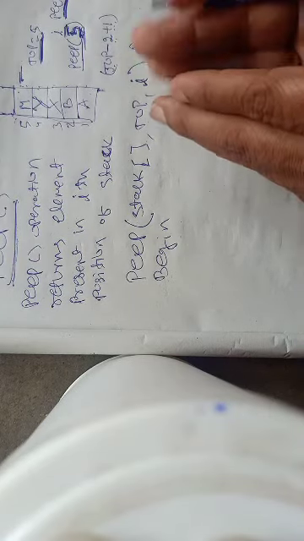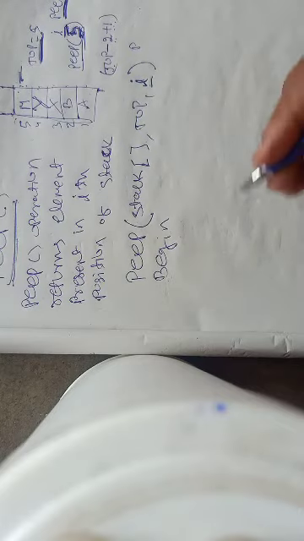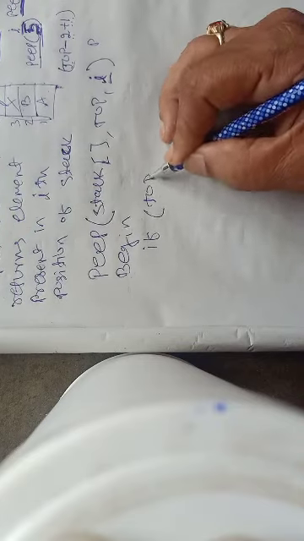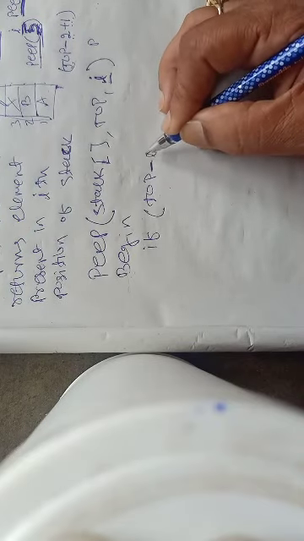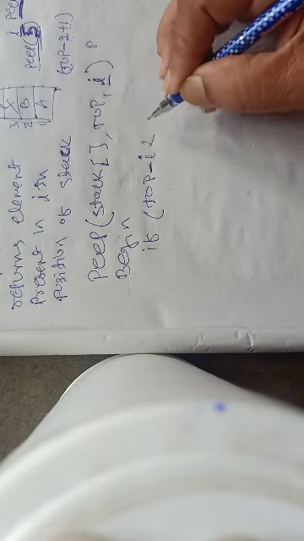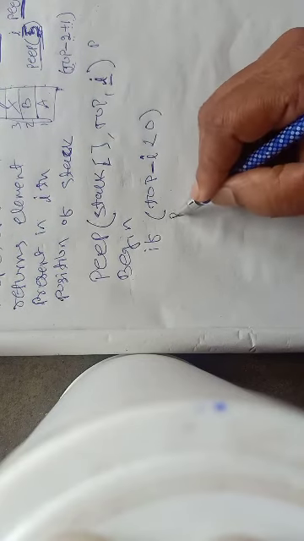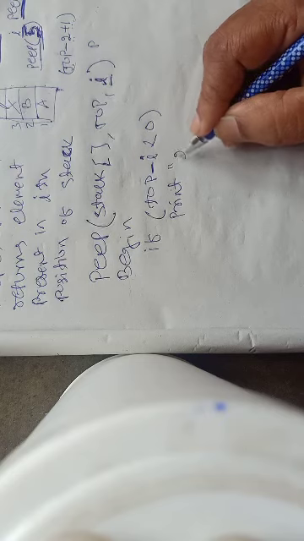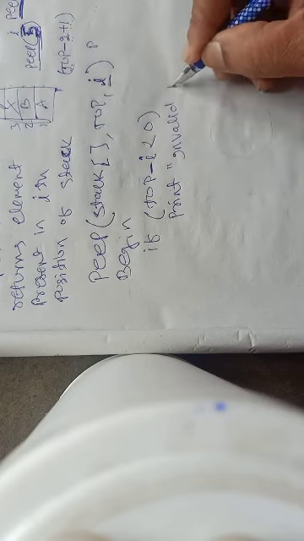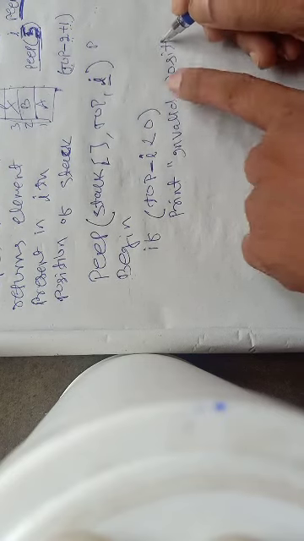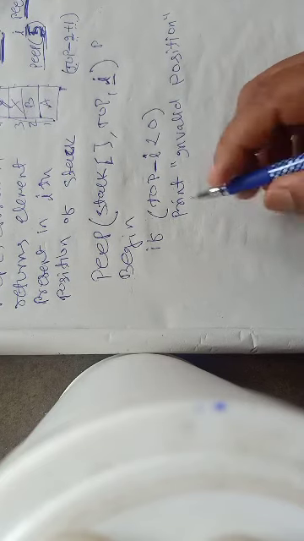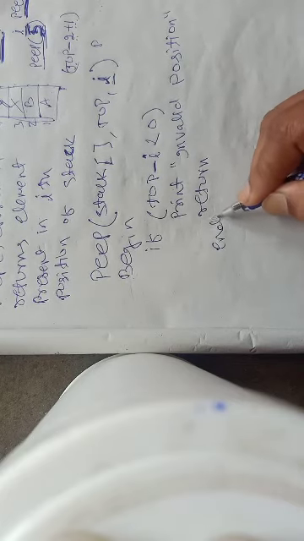So if it is less than 0, then this position i is invalid. So I will write: if top minus i is less than 0, peep operation cannot take place. Print invalid position, so that is a wrong position. We cannot perform peep, so return null. End if.